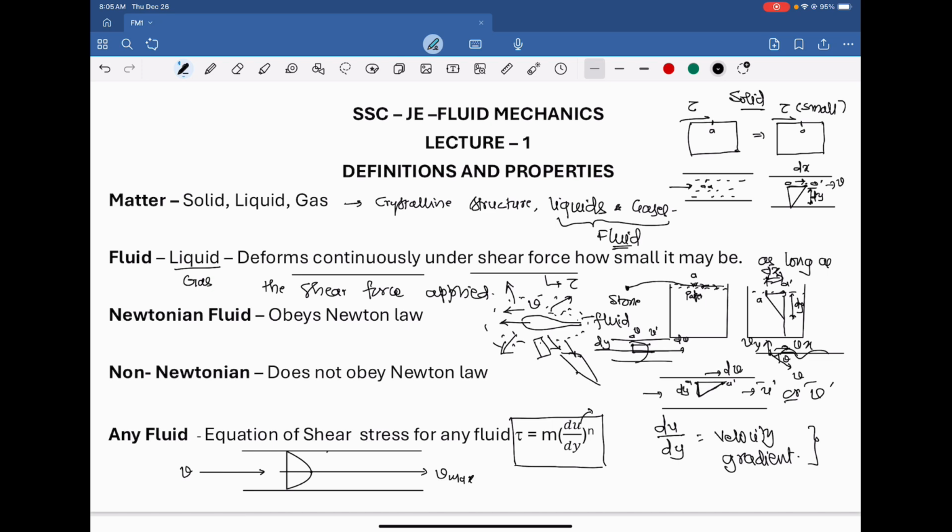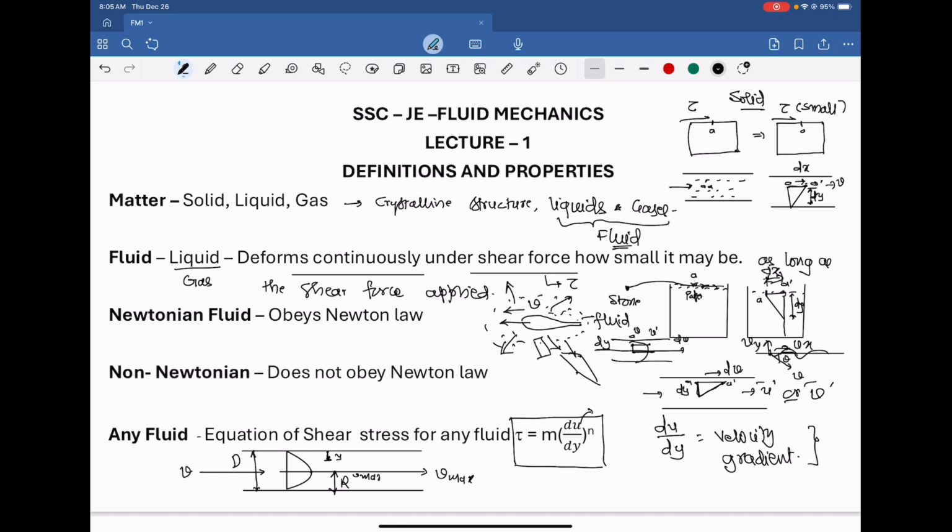And as you go, this is R, the radius of the pipe, and this is D, the diameter of the pipe. As you move from the top up to the center, here it is maximum, V max. And from here to here, when you change Y, it means the velocity is changing.